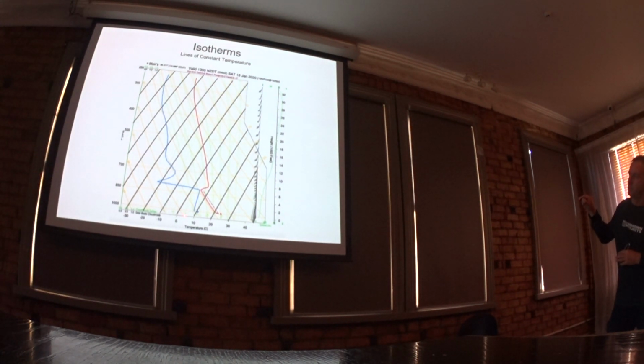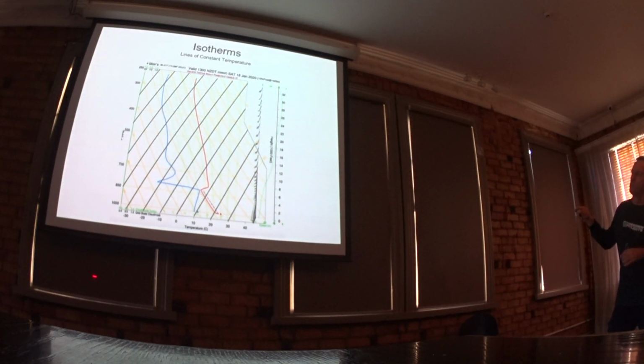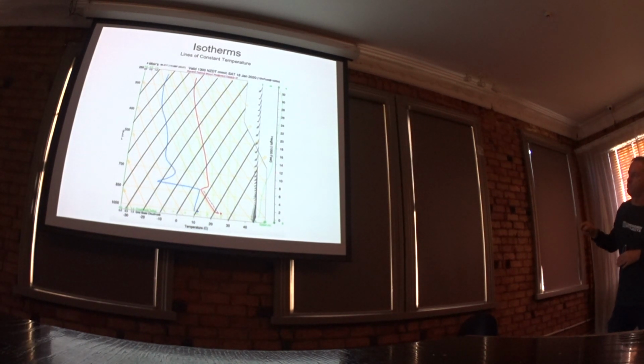It's about 5 degrees. If we want to know freezing level, we find 0 degrees on the bottom of the graph, run up the line until we hit the actual temperature forecast, and run across. We can say that freezing level is going to be just under 12,000 feet.